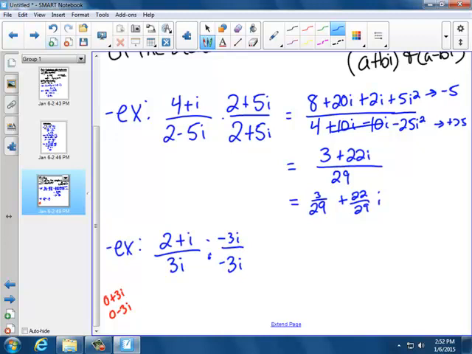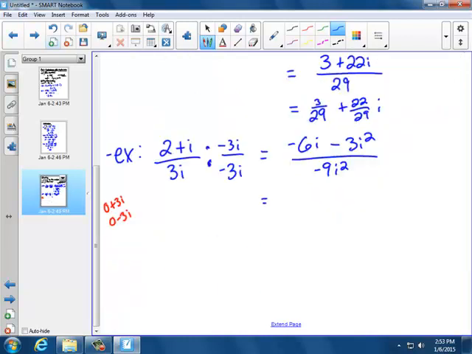So on top, it's more like distributing. So it's negative 6i minus 3i squared. And then on the bottom, I'm going to have a negative 9i squared. So on top, minus 6i plus 3. On the bottom, that'll become a plus 9.